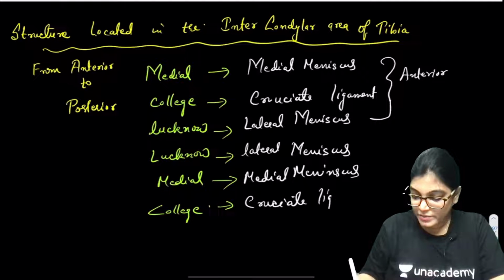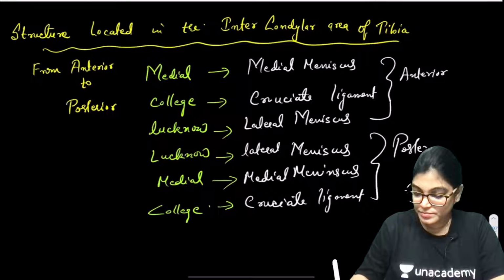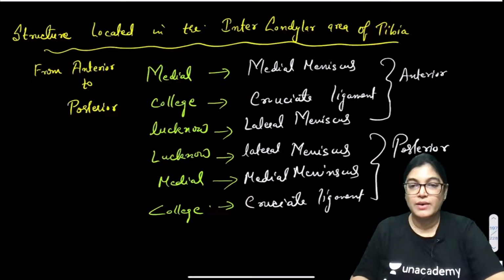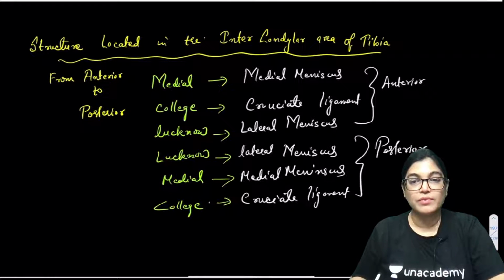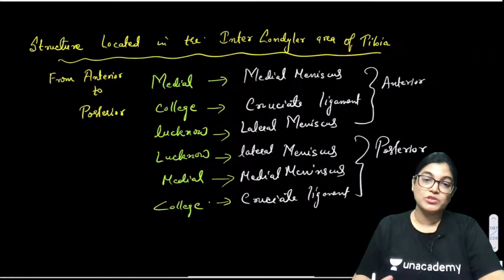You just add the point that these are all posterior part. So we have posterior horn of lateral meniscus, posterior end of medial meniscus, and posterior cruciate ligament.